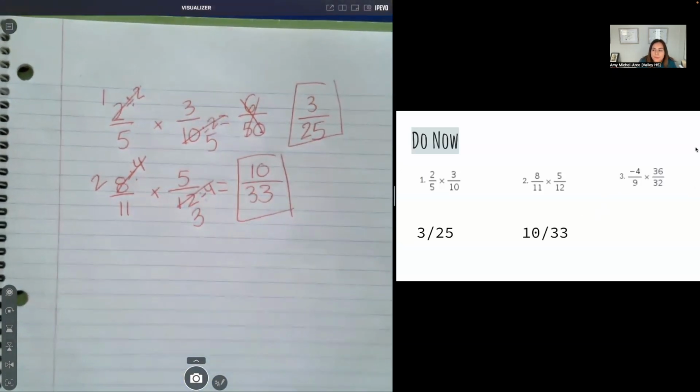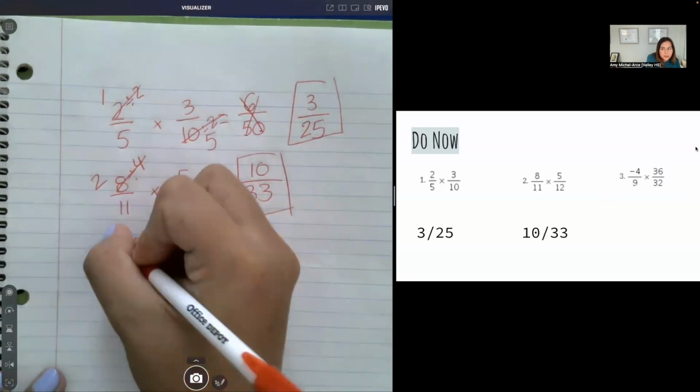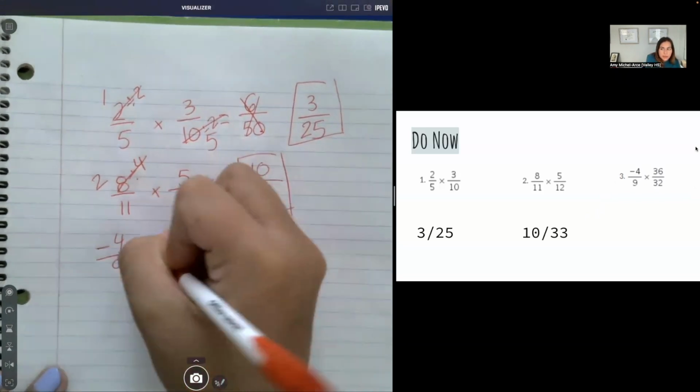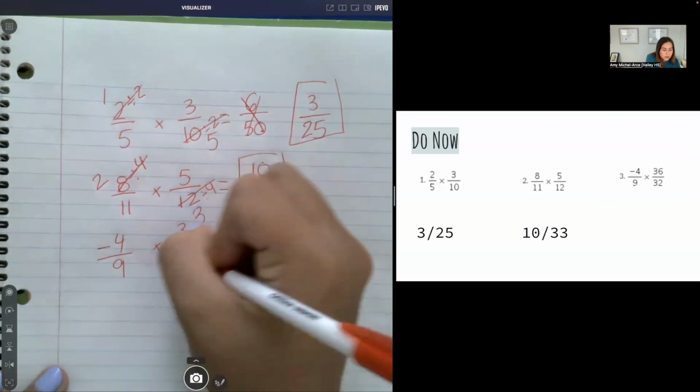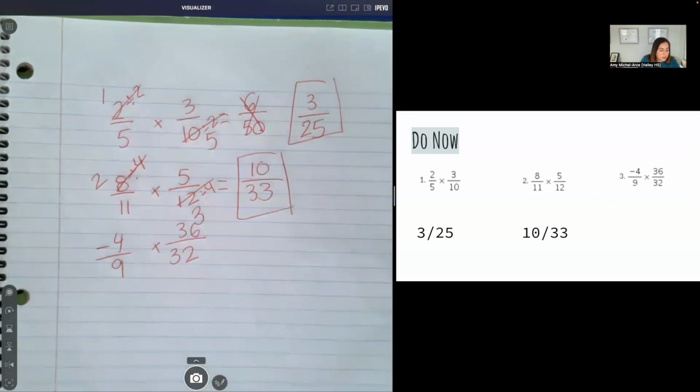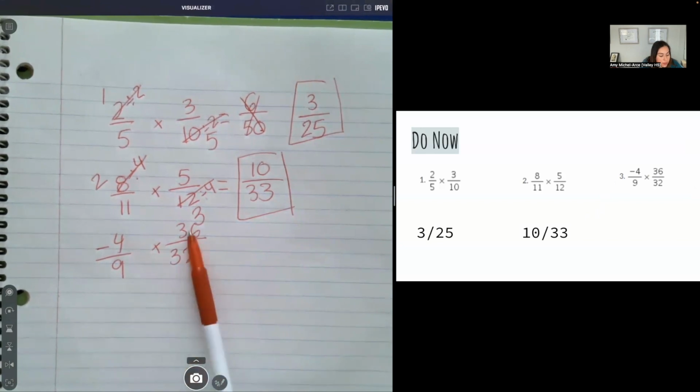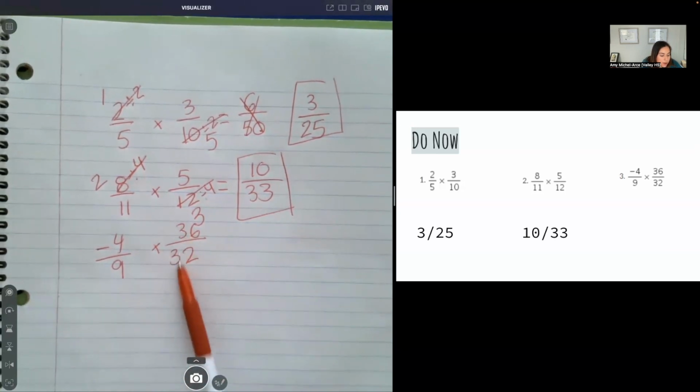Okay. And the third one, negative 4 over 9 times 36 over 32. This is an example where first you would try to figure out what these have in common. For one example, what you can do is divide out the common factor between these two.